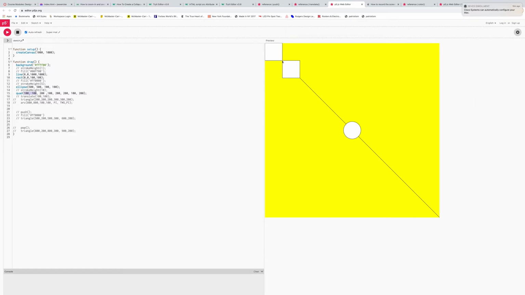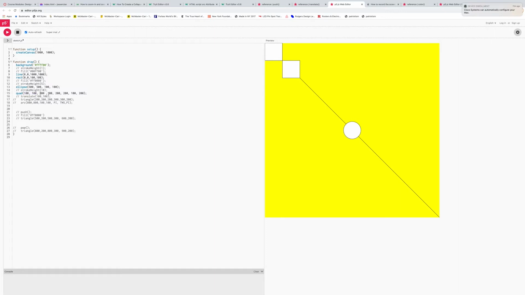That's going to put us right here, kissing the bottom right corner of our square, because we had made our rectangle 100 by 100 pixels wide and tall. Then I've said, okay, I want my second point, which is this point here, to be 200 pixels and 100 pixels tall.